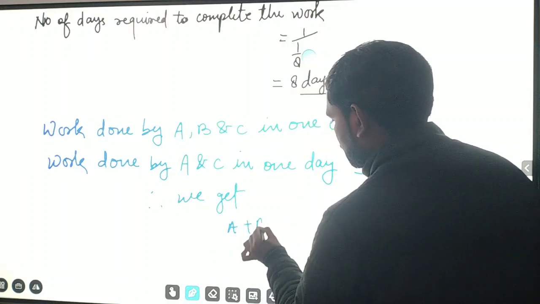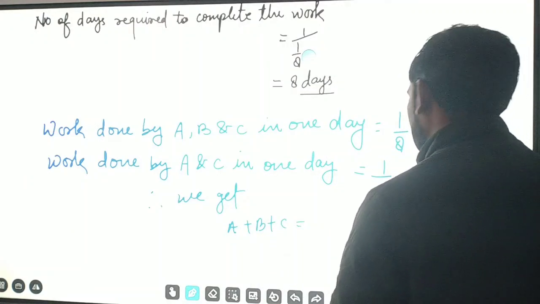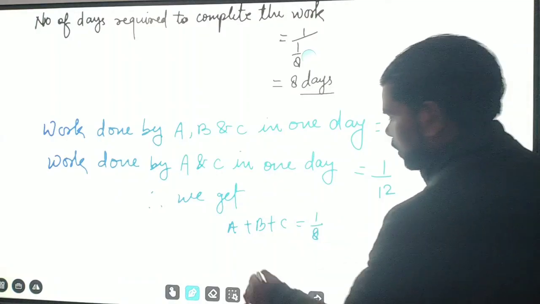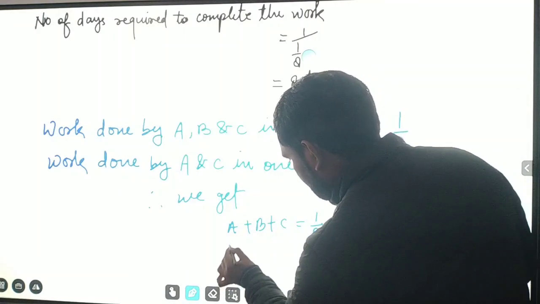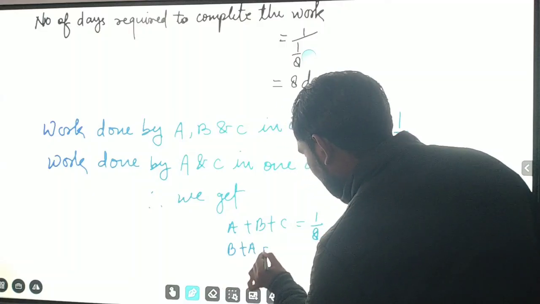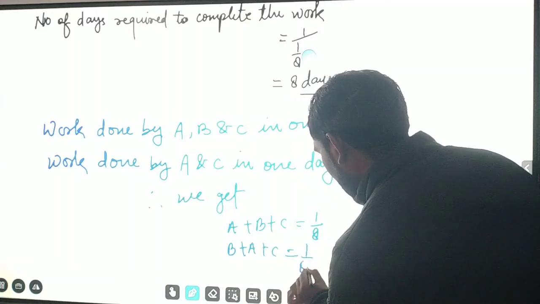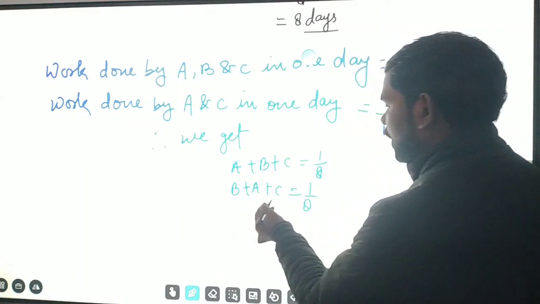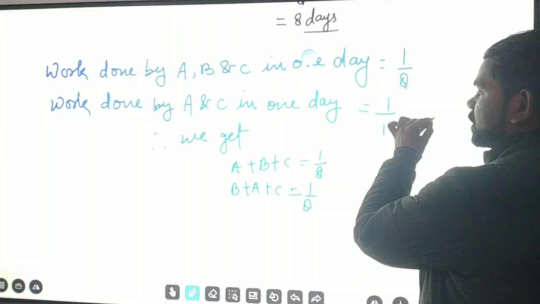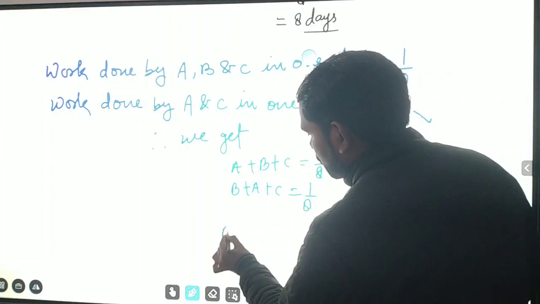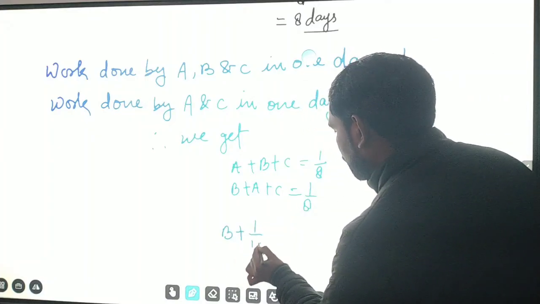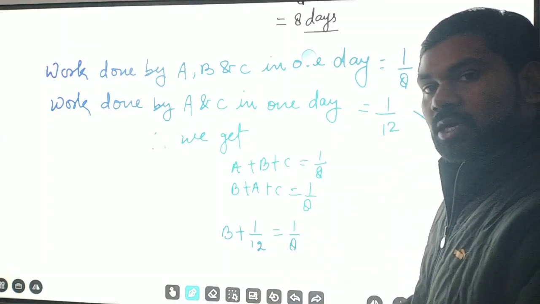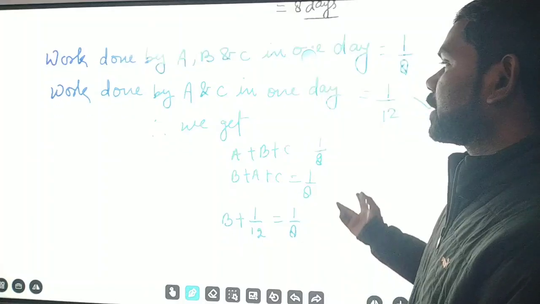Therefore, we get A plus B plus C is equal to 1 upon 8. Now this can be rewritten as B plus A plus C is equal to 1 upon 8. Is that clear? Now write the value of A and C, which is 1 upon 12. So B plus 1 upon 12 is equal to 1 by 8. Now transpose this 1 upon 12 to right hand side.